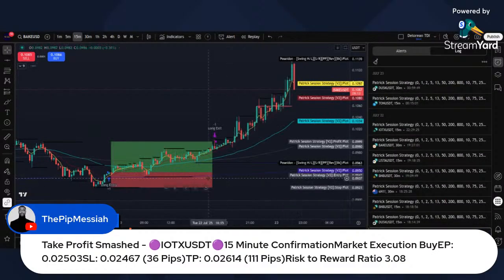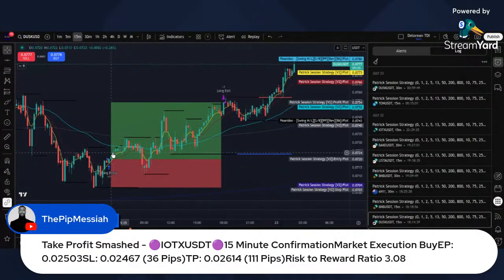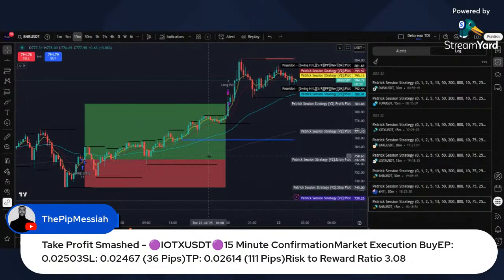We have Bake versus Tether. Another smash of take profit. We have Dusk versus Tether. Yet another smash of take profit. We have Binance Coin versus Tether. Another smash of take profit.